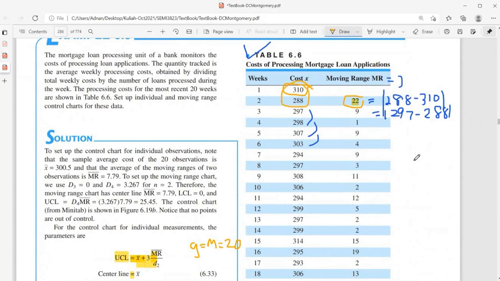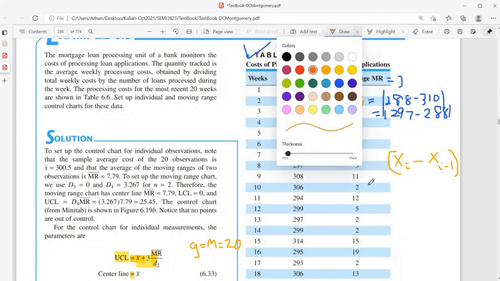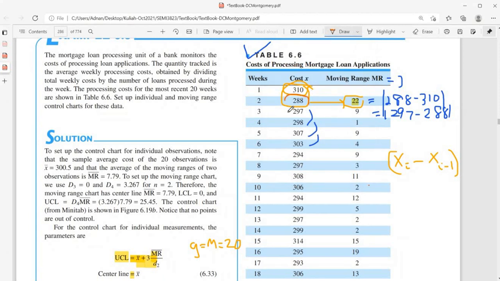Remember that x i minus x i minus 1. We need the current value minus the previous value. So the difference is 22. The next one, you take the next value, which is 288, so the n is going down like this.